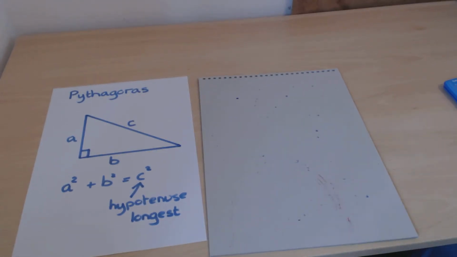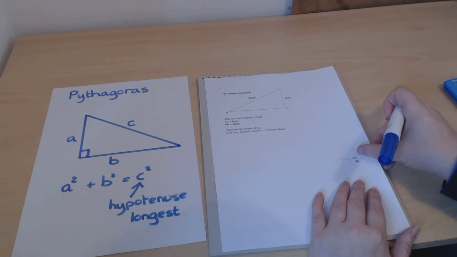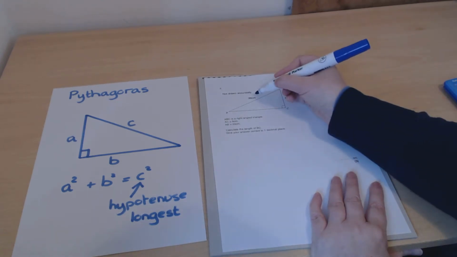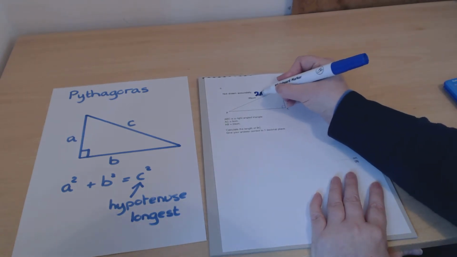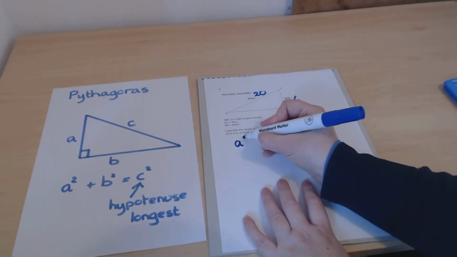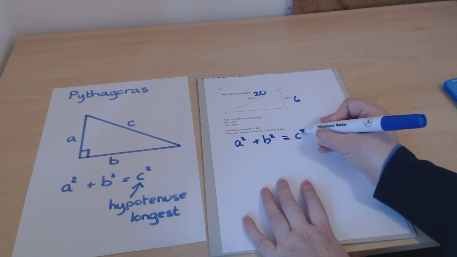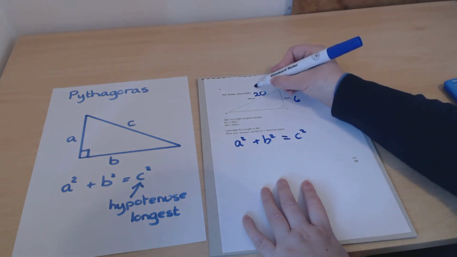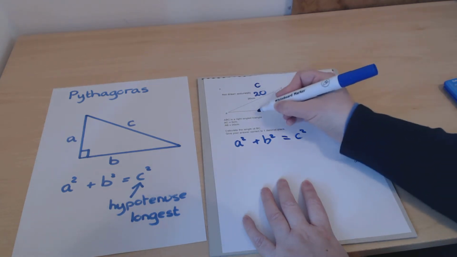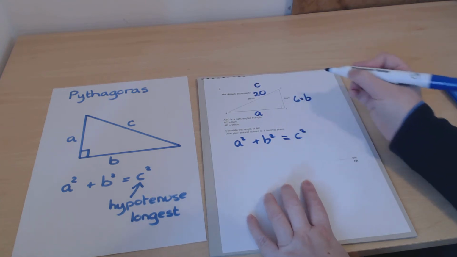One final one. Okay, so new triangle. Here it's 20. Here it's 6. Our formula is A squared plus B squared equals C squared. This is the important one. This is C. I'm going to call this A and this B over here.